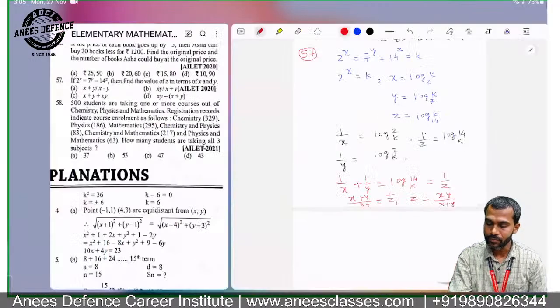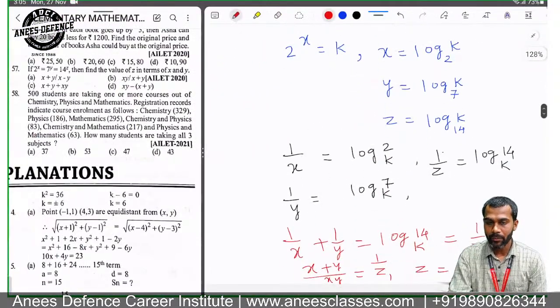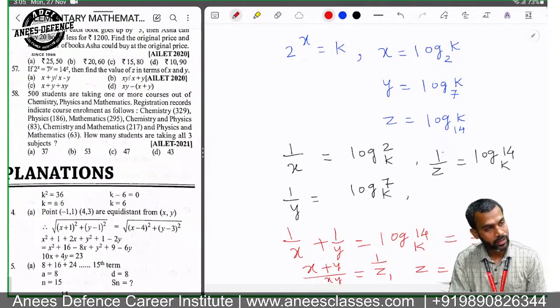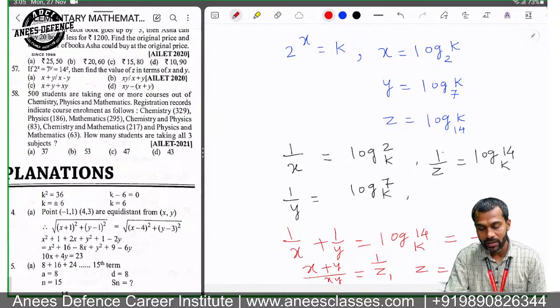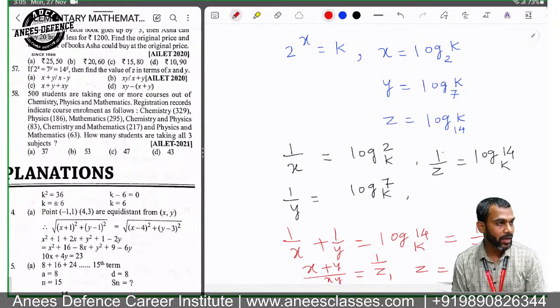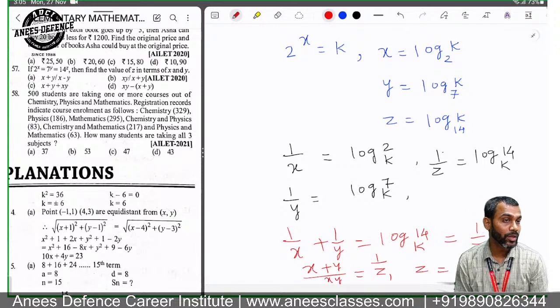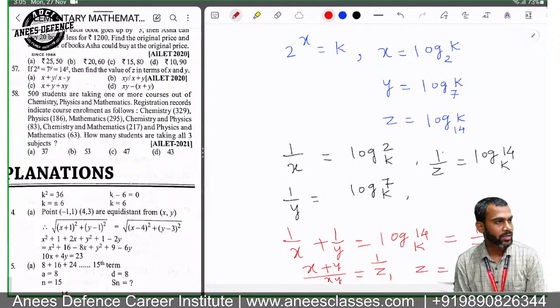See, we had got 1 by x is equal to log 2 base k, 1 by y is equal to log 7 base k, and 1 by z is log 14 base k. If we add 1 by x and 1 by y, on the right hand side, since the bases are the same, I can apply the property log a plus log b is equal to log ab. So 2 into 7 becomes 14. So that is nothing but 1 by z only.